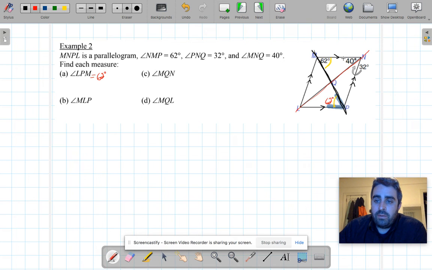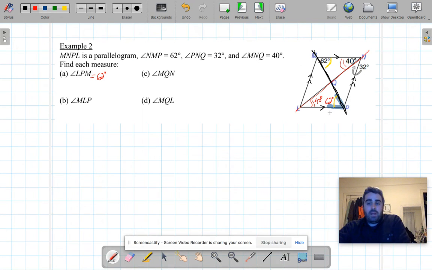So we know that this is 40 degrees, and therefore we know that this is also 40 degrees because alternate interior angles are congruent. So we know this piece is 40, and we're missing one more piece to tell us the measure of MLP.